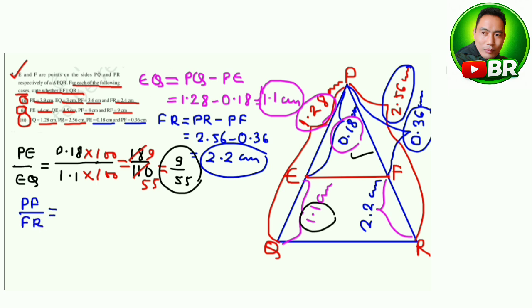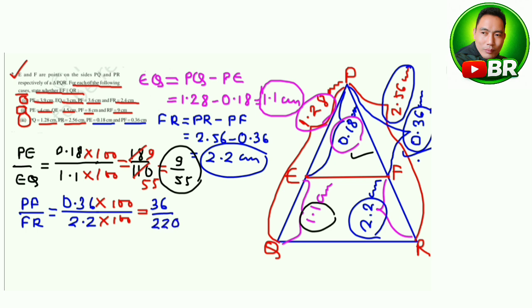PF equal to we have 0.36 by FR equal to we have just obtained over here 2.2 centimeter, and here also to remove decimal points we can multiply both numerator and denominator by 100, and in doing so here we obtain a new fraction, that is 36 by 220, and 4 nines are 36 and 4 fifty-fives are 220.